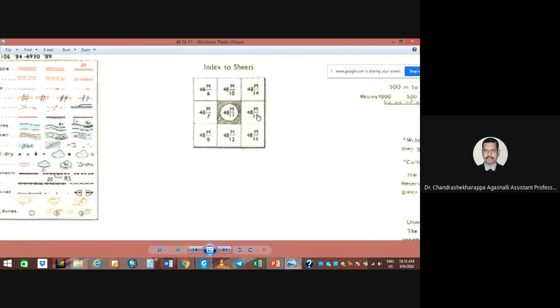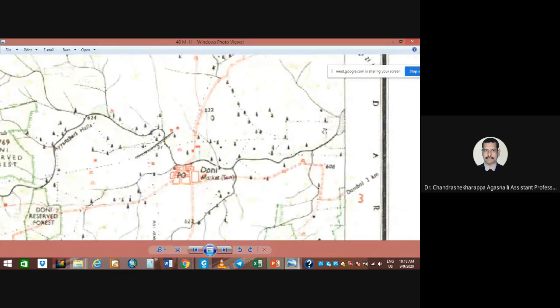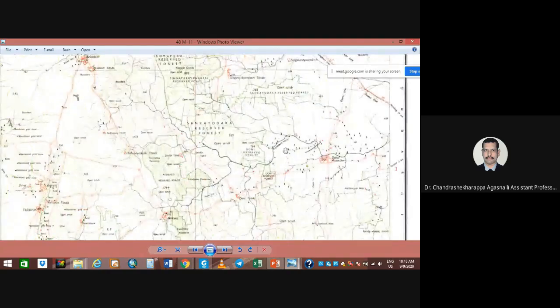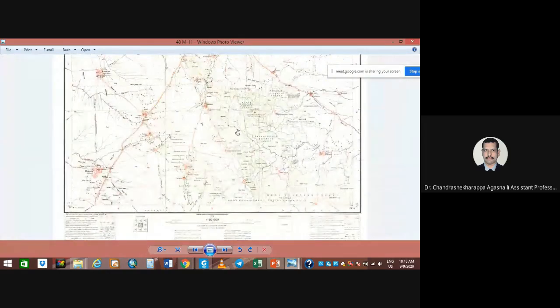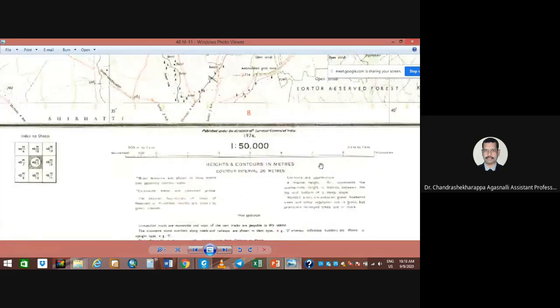If you take 48 M by 15, you can easily identify where this river is going, and how many villages there are in those nearby areas. Everything you can easily identify from these topo sheets.